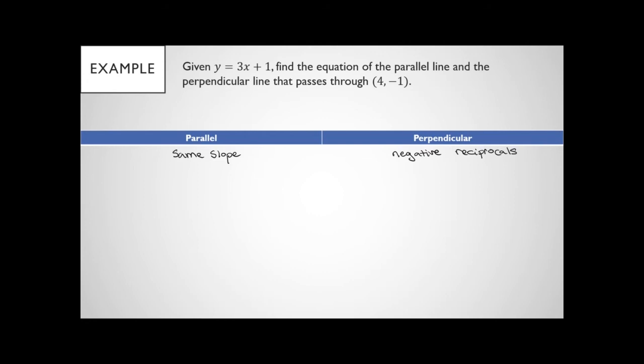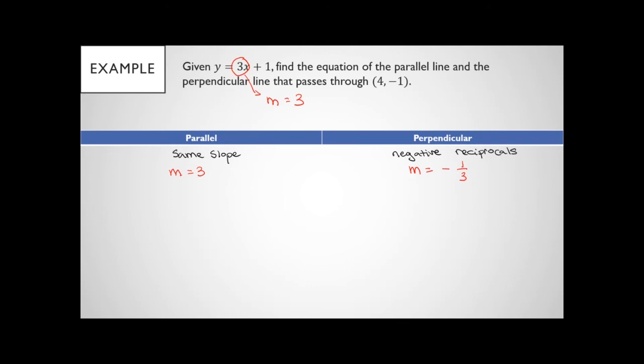So our given line, it's in slope-intercept form, so that is equal to 3. So the value in front of x is the slope. So for the parallel line, we're going to use a slope of 3. For the perpendicular line, you're going to use the opposite sign, which means it's going to be negative, and then you take the reciprocal. So that's going to be negative 1/3.